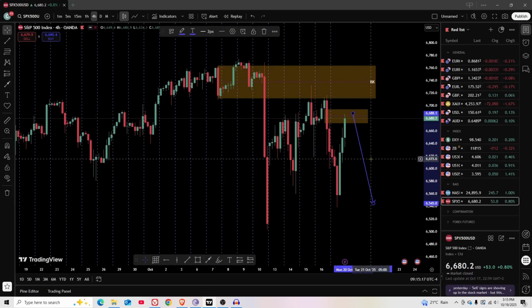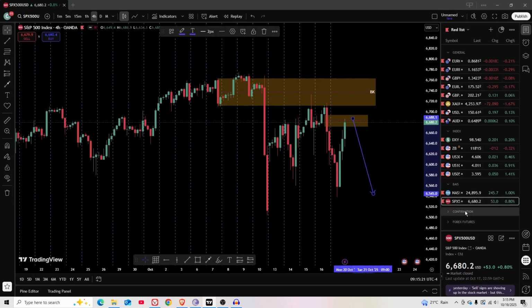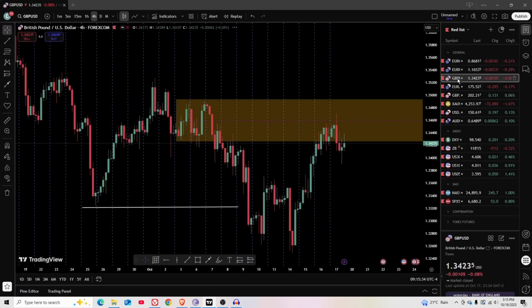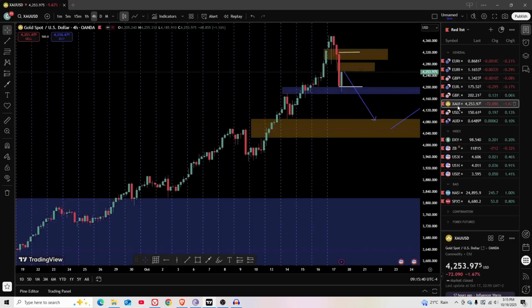Therefore, I'm bearish on S&P 500, Nasdaq, and then EUR/USD. I'm bearish also on GBP/USD. And then on gold, at the moment, we are still bullish until that fair value gap is violated, then we'll turn bearish.